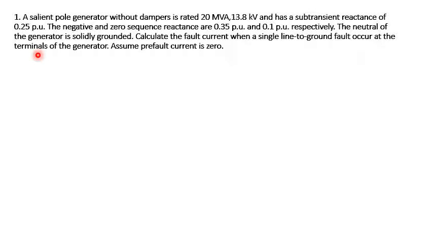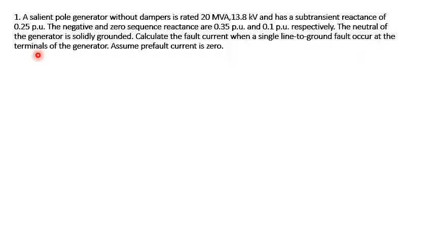Before proceeding to the numerical, we should remember the concept of the sequence network diagram and the expression for the fault current in terms of the sequence quantities for line to ground, double line to ground and three-phase fault, especially without considering the fault impedance and with considering it.